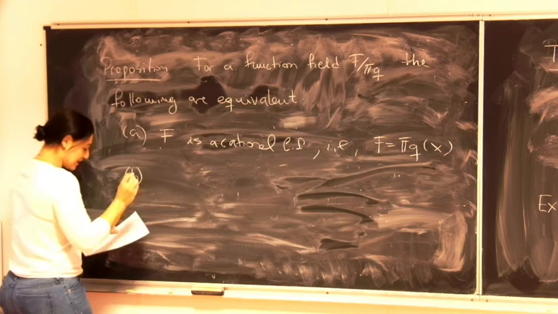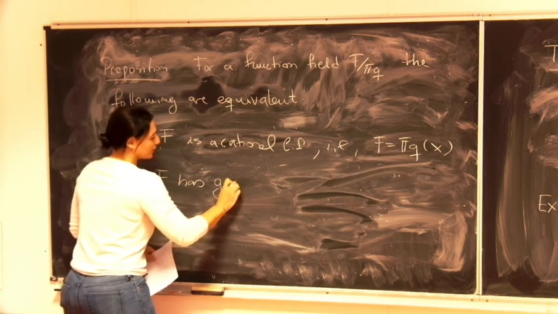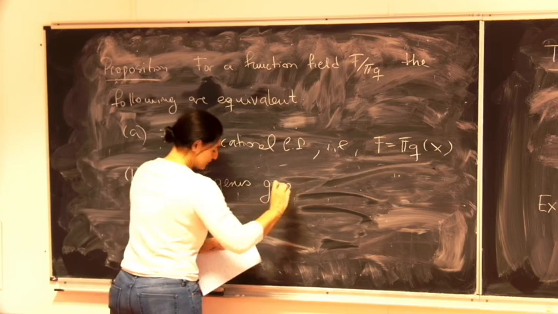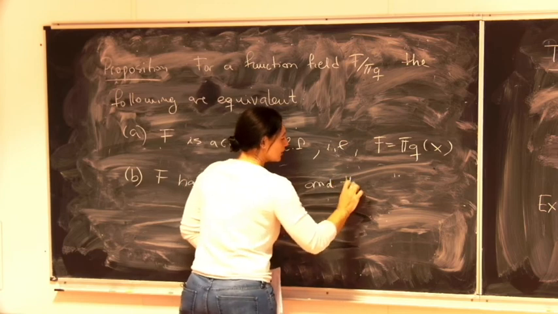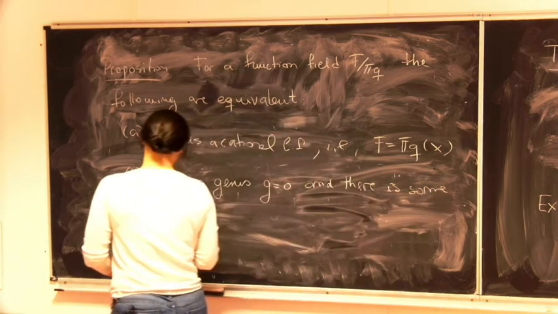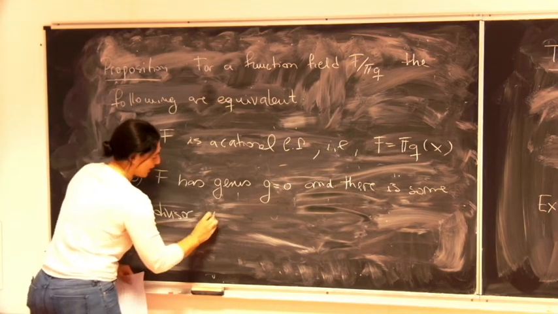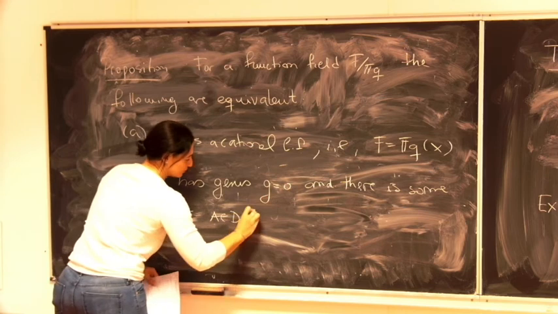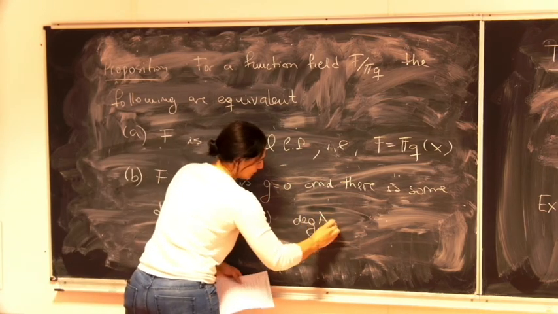And the second is that F has genus 0 and there is some divisor A such that the degree is 1.